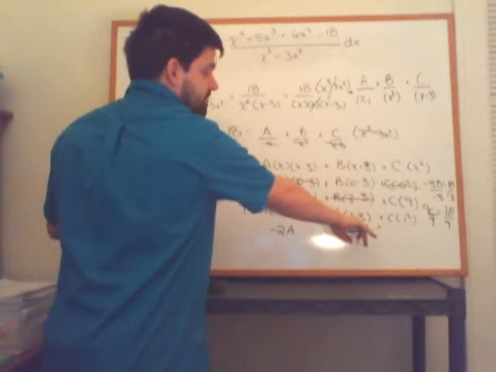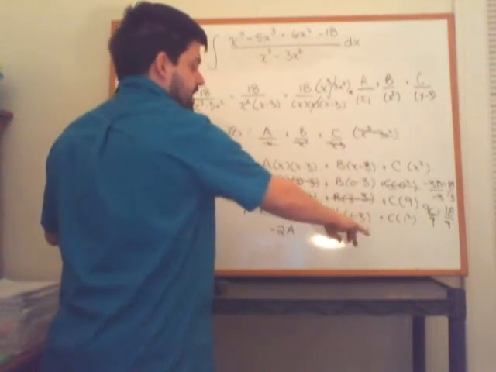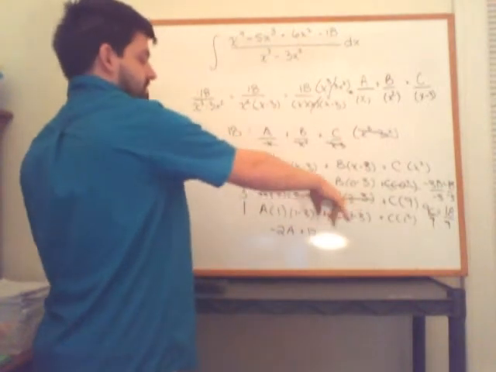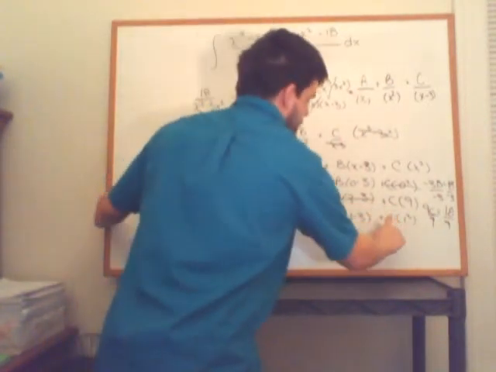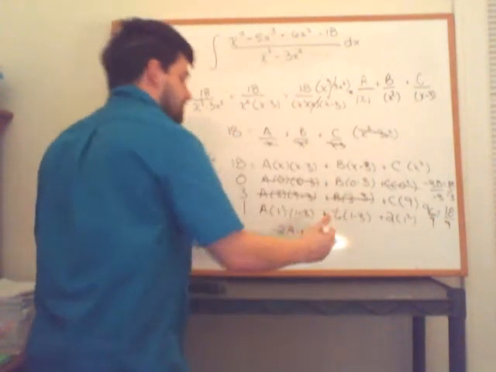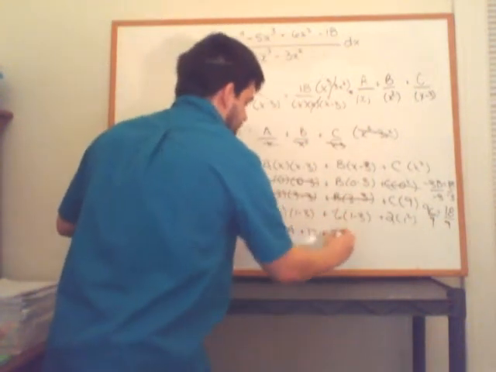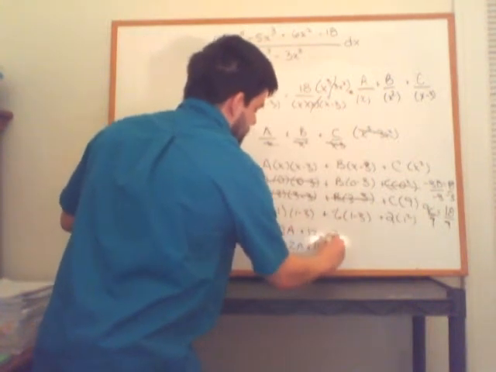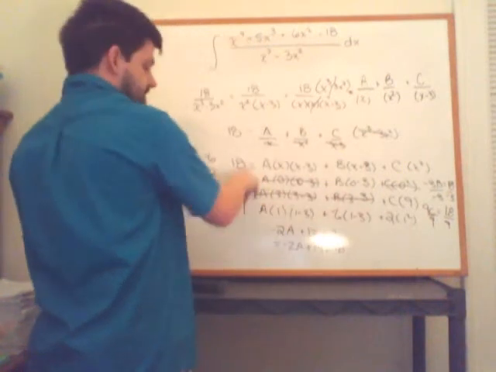Negative 6 times 1 minus 3 is negative 2. Negative 2 times negative 6 is plus 12. Plus c, c is 2. Plus 2 times 1 squared. 1 squared is 1 times 2 plus 2. So we have negative 2a plus 14, again, all equal to 18.